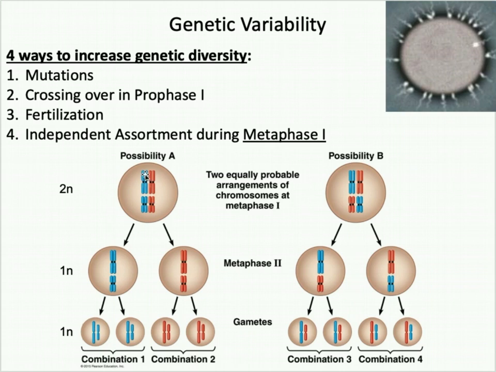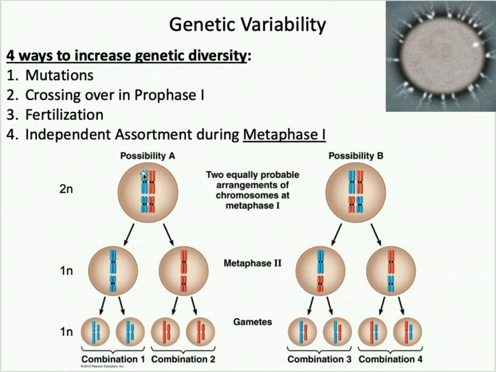So what do I mean by that? You can have different possibilities of how these homologous chromosomes line up. Here on this side, maybe the blue chromosomes come from dad, and the red chromosomes come from mom. But keep in mind that this picture doesn't show the crossing over event.